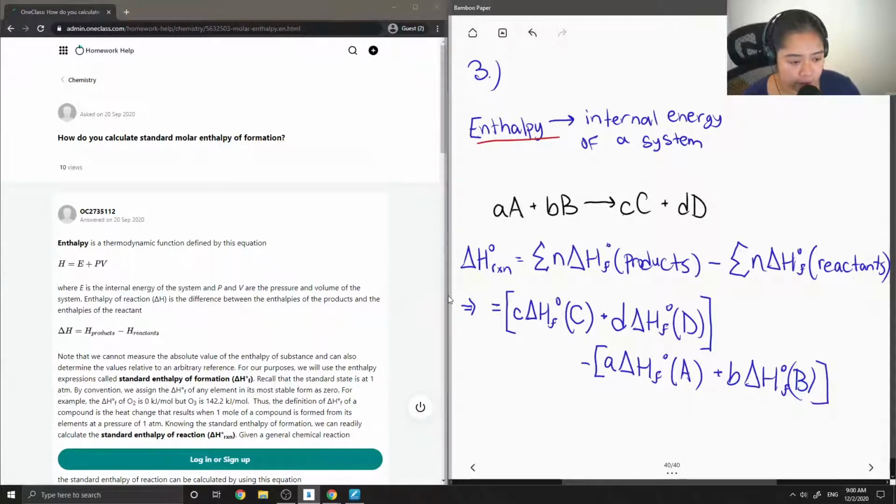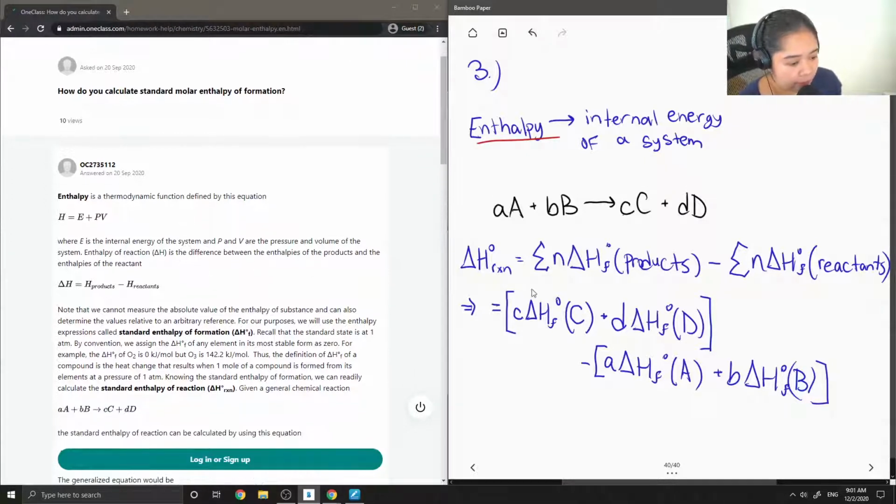So generally in a question, they'll give you a balanced chemical reaction, and they'll also give you the different delta H of formation for all of the products and reactants that are involved. And then from there, you are able to calculate the standard molar enthalpy of the reaction.